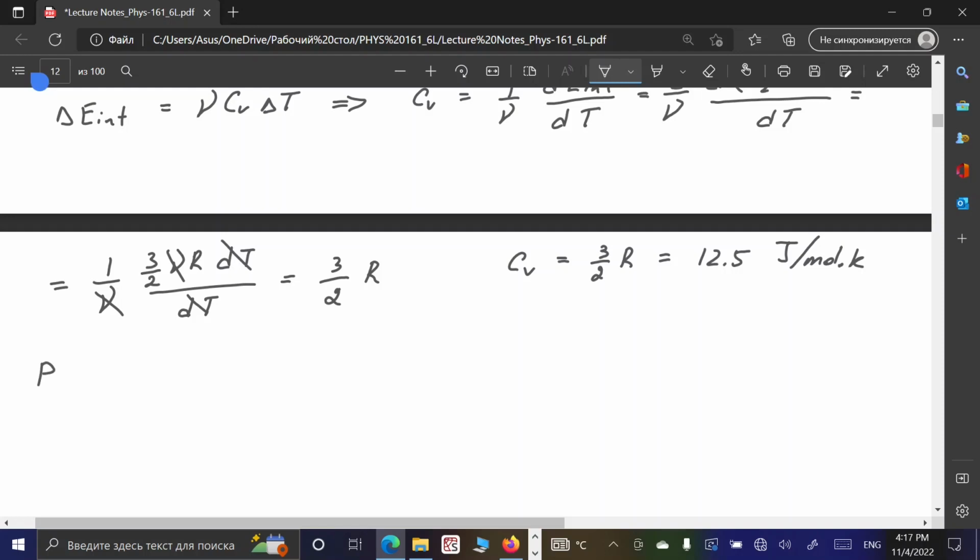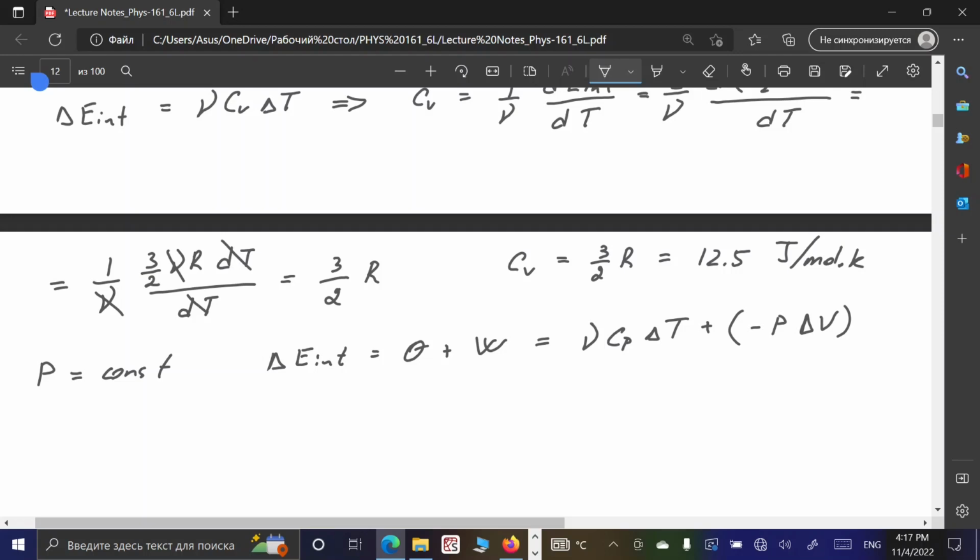So we consider pressure constant now. And for that, change of internal energy will be equal to the sum of Q and W, heat and work. So that can be expressed as nu times Cp times delta T plus minus P times dV, which stands for work.